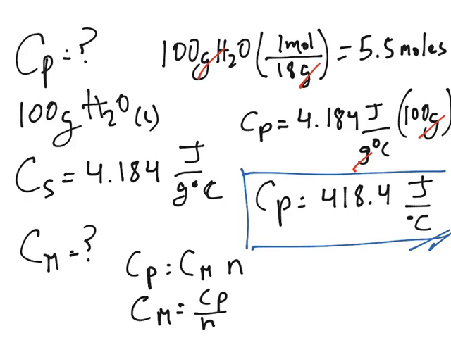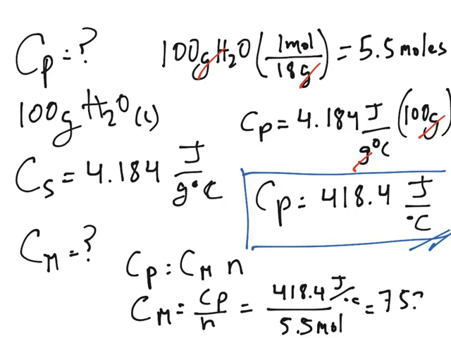So we plug in the values here. We have 418.4 from what we obtained at the beginning, over the 5.5 moles. We get 75.38 joules per, let me write it up.